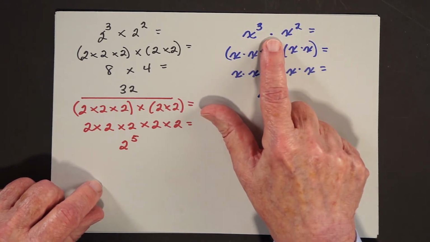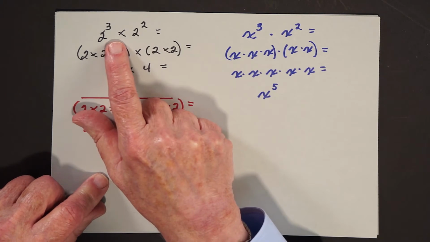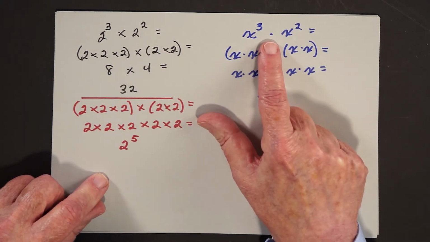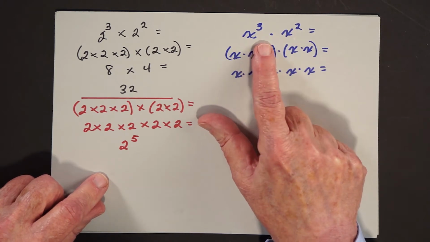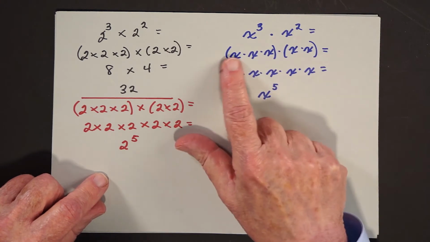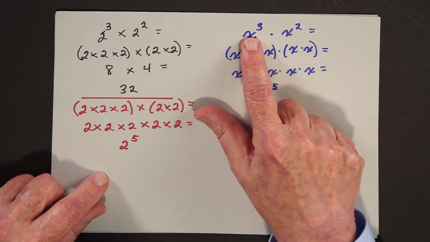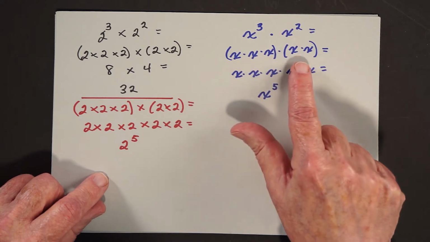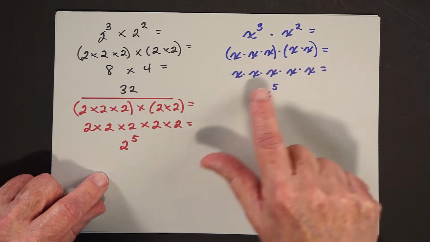Notice I use a dot here for multiplication, because the multiplication symbol, the times sign, looks too much like an x. That's another reason why people use a dot. Sometimes they just enclose things in parentheses. Doesn't really matter. But now I know what? By the basic definition, I have 3 factors of x multiplied by 2 more factors of x.